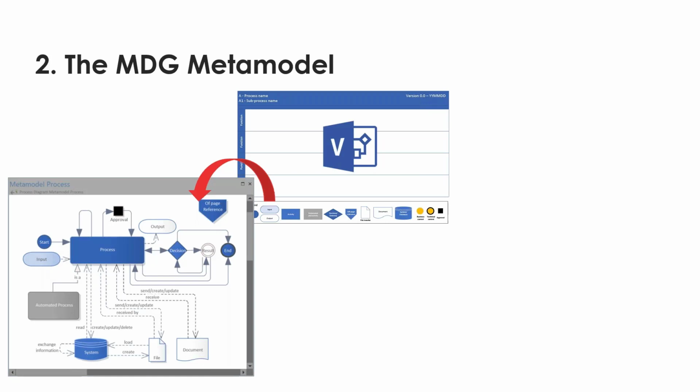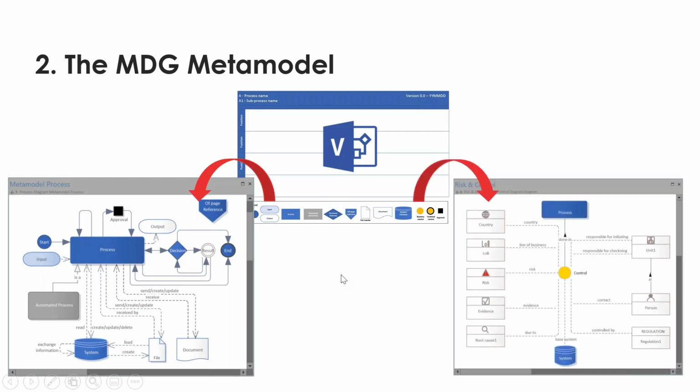If you have classes with stereotypes, I think it's harder to communicate it. But in this way, it looks a bit tidier. And in the next iteration, we added the controls. And then we had to add some other elements that were not in here, like countries, line of business, risks, evidence, root causes, units, persons, and regulations.